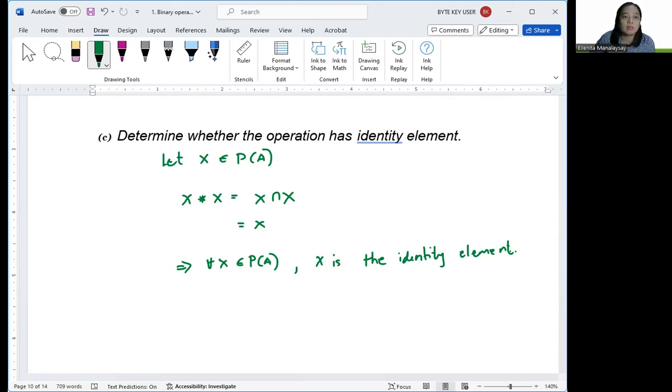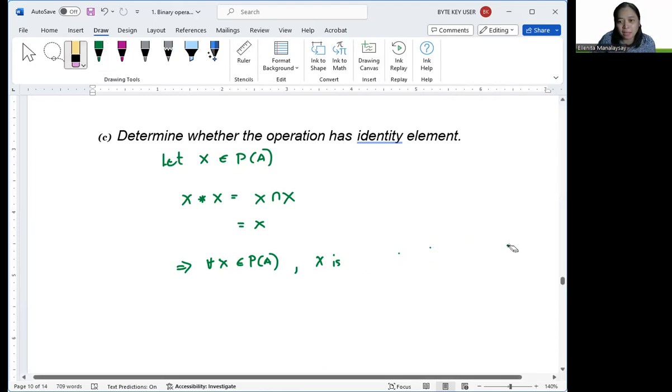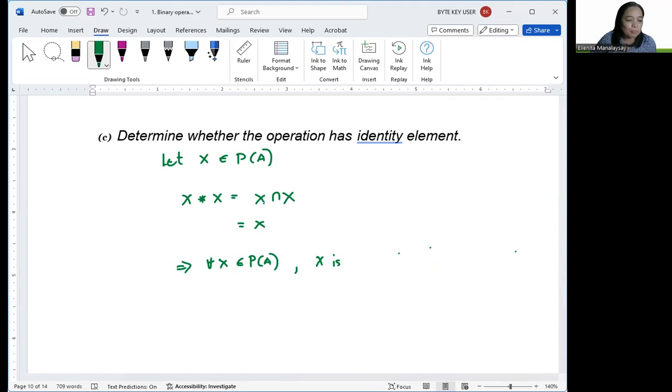Oo nga. So x is not the identity element, but teka, ano ang pwede nating i-intersect sa isang set x para ang intersection ay the same set? Definitely, ang answer natin should be the same set x.